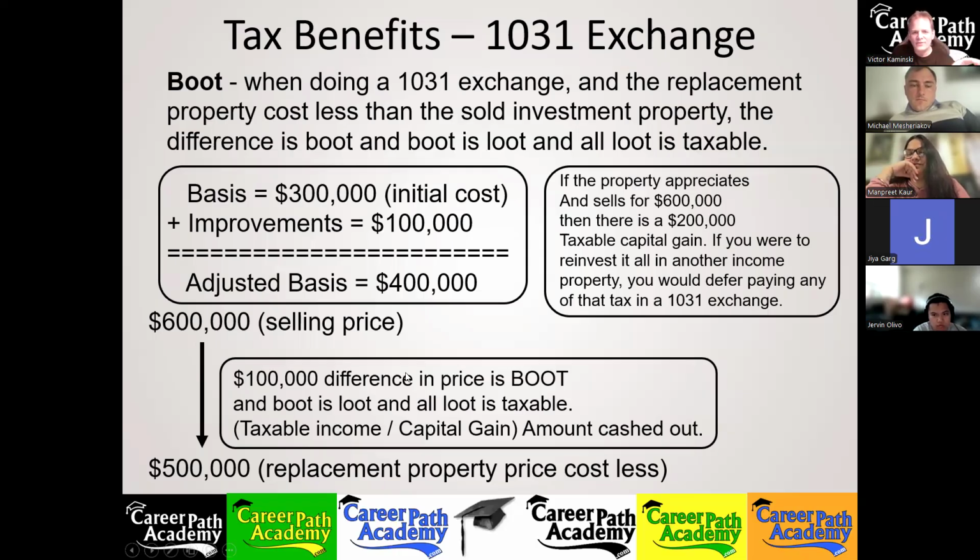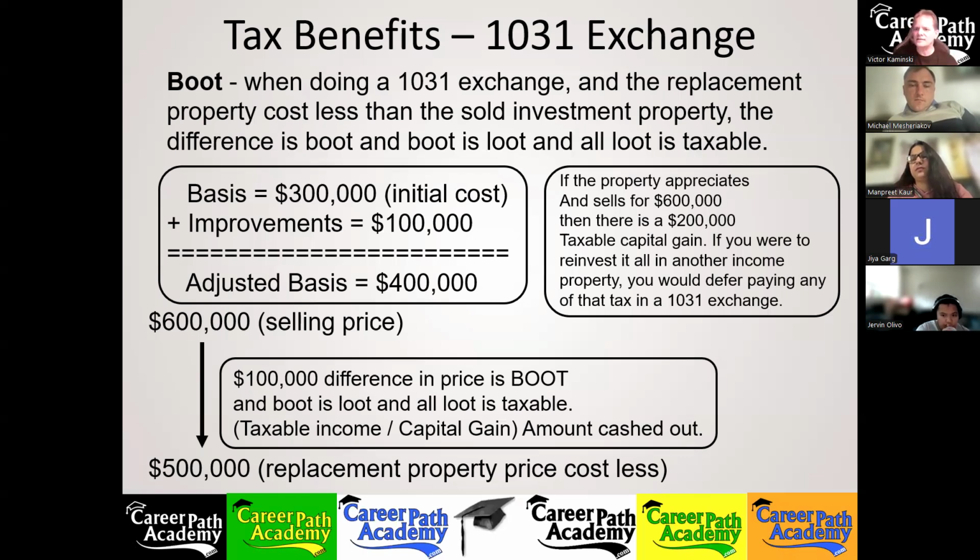Now, if you end up selling this property, now that you have $400,000 in it, if you sell it for $600,000 and you just cash out that $200,000 profit, you have to pay taxes on $200,000. If you were to reinvest all that money into another investment property, then you wouldn't pay any income taxes, because you didn't cash it out and you didn't realize the gain.